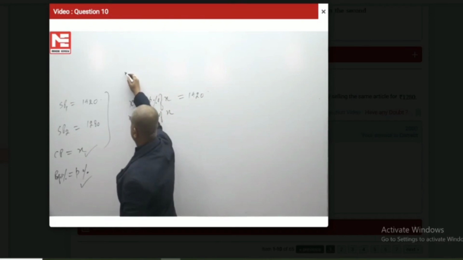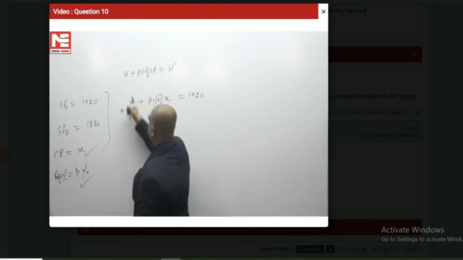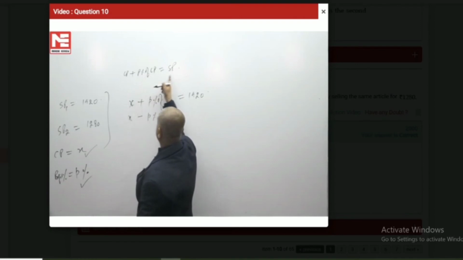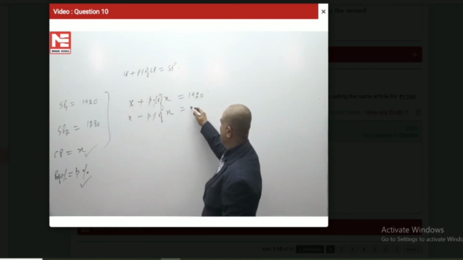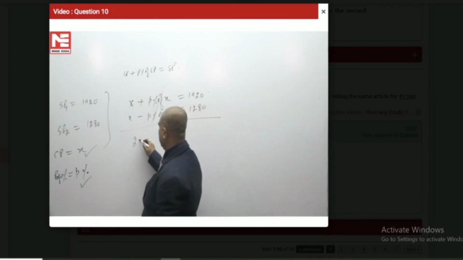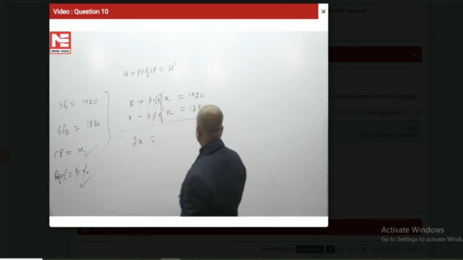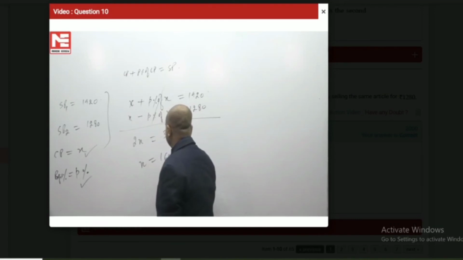We know CP plus P percent of CP should be equal to SP, and similarly CP minus P percent of CP should be equal to SP in case of loss. This value is coming out to be 1280. So what we get here, this value will eventually cancel out. 2X, twice of CP, is equal to 3200. So X will be equal to 1600.